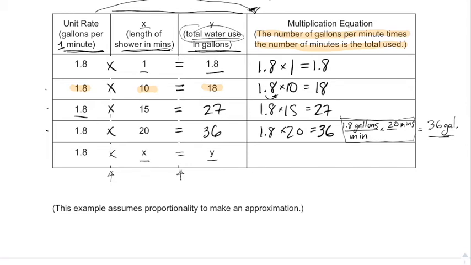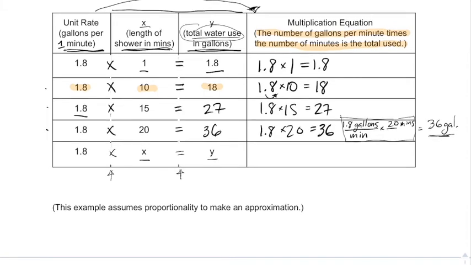Or you could say the unit rate times the length of the shower in minutes is equal to the total water use. And that makes sense physically, I think, that if you're using 1 8/10 in 1 minute, then if you are using the shower for 2 minutes, it's 1 8/10 and 1 8/10. And multiplication is repeated addition.